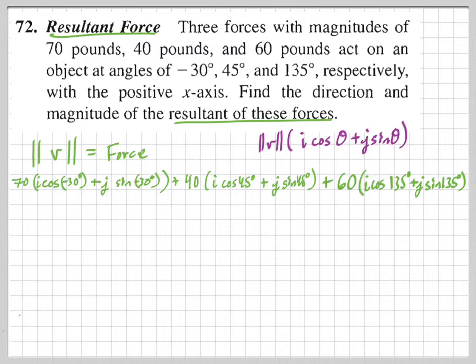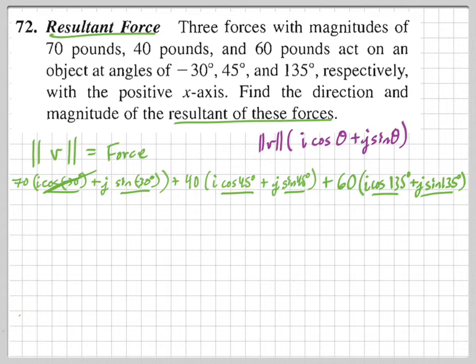Now, if I want to add all these up, I'm going to have to find some values: cosine of negative 30 degrees, cosine of 45 degrees and sine of 45 degrees, and cosine and sine of 135 degrees. Then multiply all these together and then add. So let's start with cosine of negative 30 degrees. We know that's going to be in the fourth quadrant.